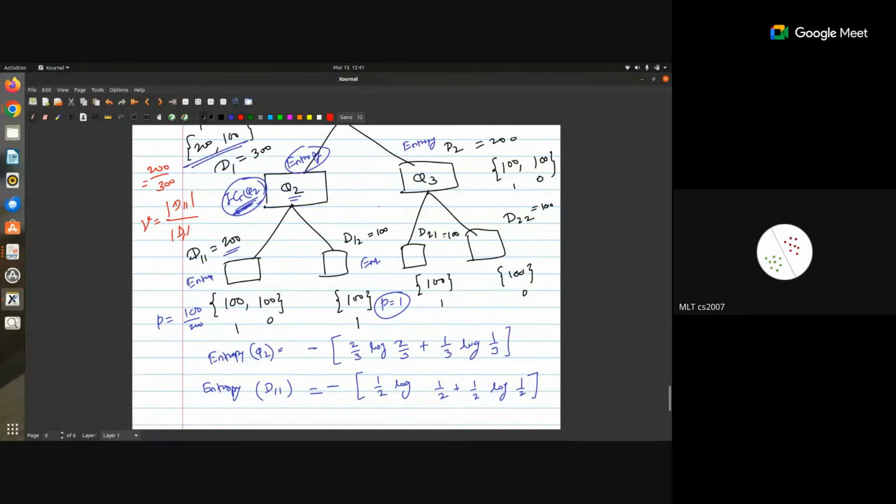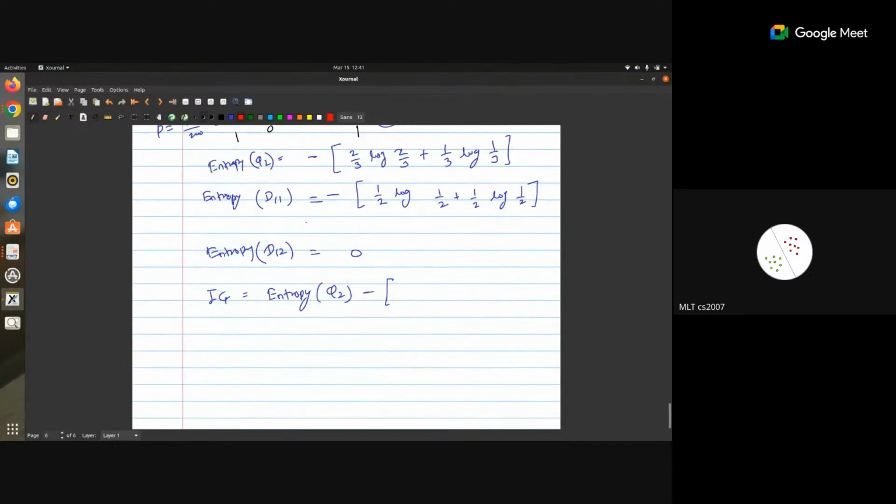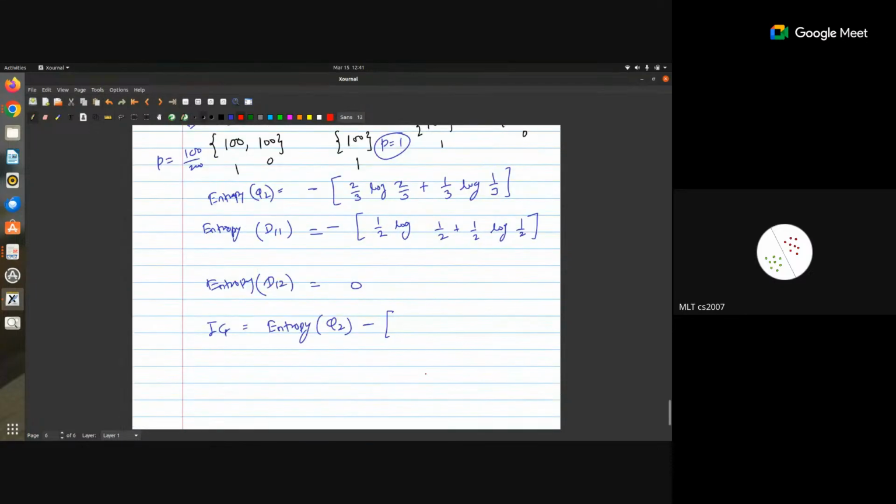It's not a problem, because you will have to apply it anyway. So I'm just writing down that gamma will be 2 by 3 into entropy of D11 plus 1 by 3 entropy of D12. Okay, and we know the entropy of D12 is 0.